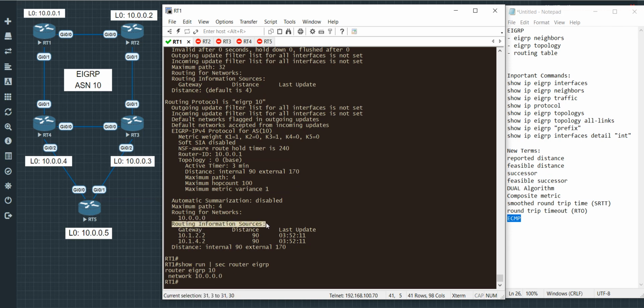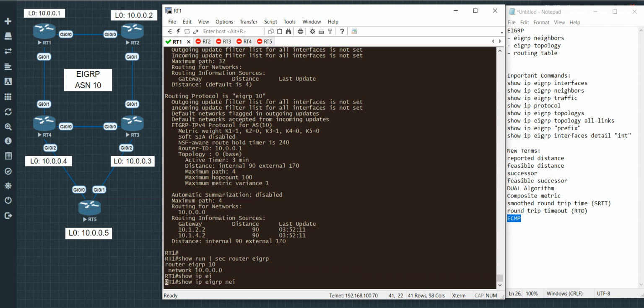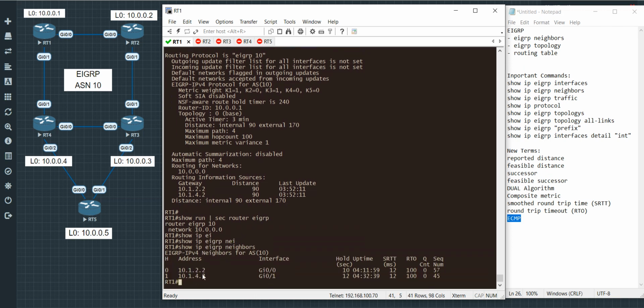Routing information sources. This refers to the sources that it's learning routes from. So in this case, because there's two neighbors, it's learning routes from these two neighbors. In this particular case, 10.1.2.2 refers to router 2, and 10.1.4.2 is referring to router 4. So EIGRP neighbors, we can see that it has two neighbors.